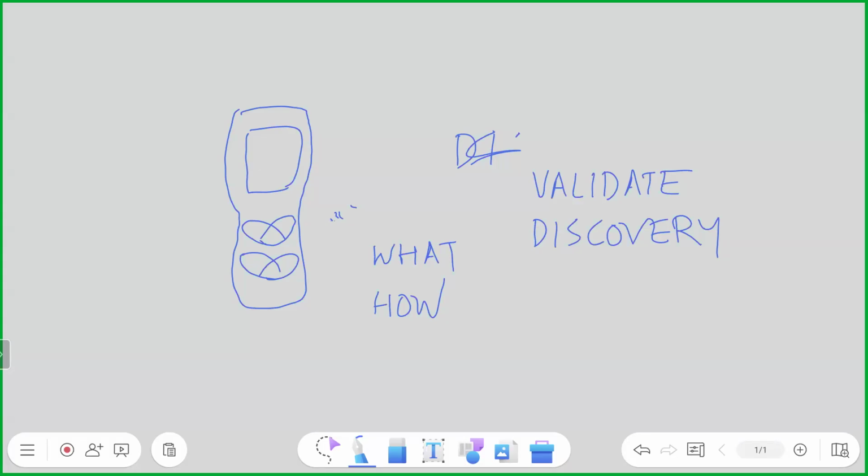You learn about the Rhine River, how the boat works. That's called discovery. So validation is important, but more important is discovery.